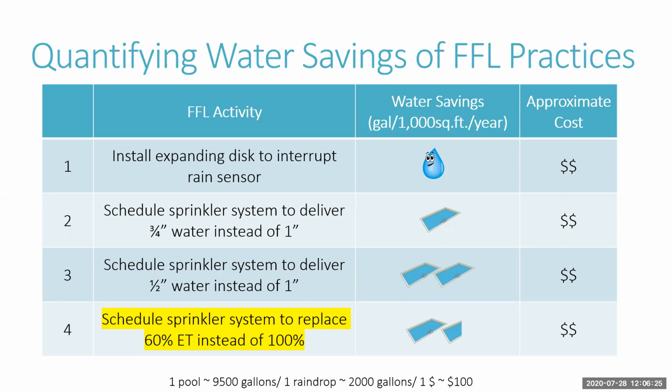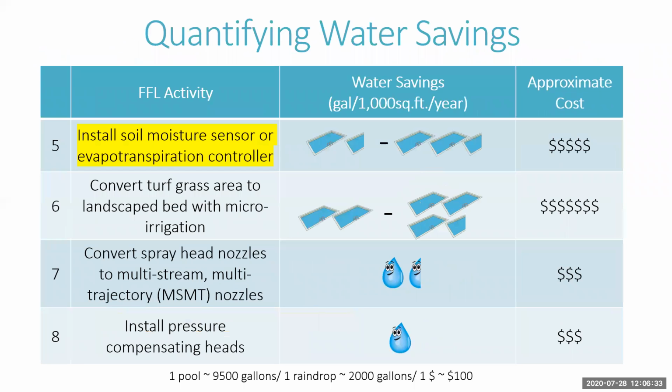If you can do it yourself, there's no cost, but if you do need to hire a professional to help you with that adjustment, there may be a cost associated with that. Additionally, just by installing a soil moisture sensor or an ET controller, you can save lots of water as well. Now, of course, there could be a cost associated with the actual controller and the installation by a professional.